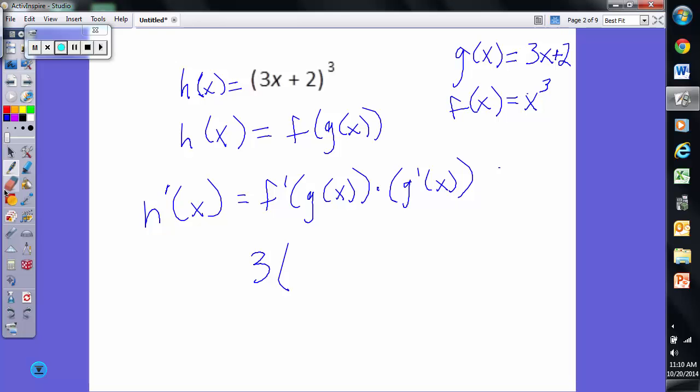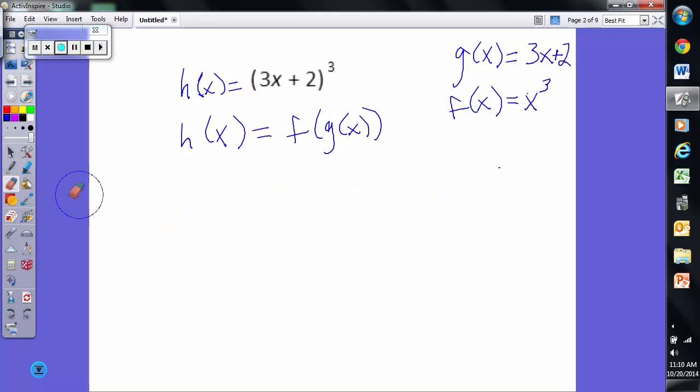Hopefully you can see that this is a composition of two functions. 3x plus 2 got put into x cubed. So if we're going to take the derivative h prime of x, we're going to take the derivative of the outside, which f prime of x would be 3x squared.